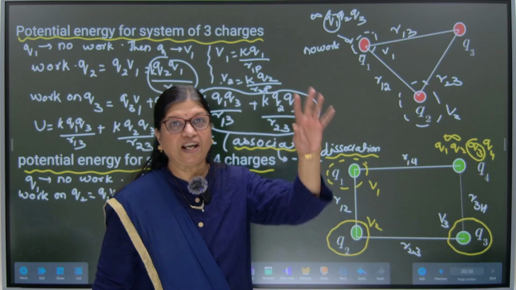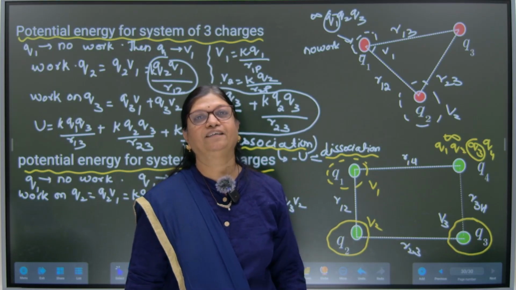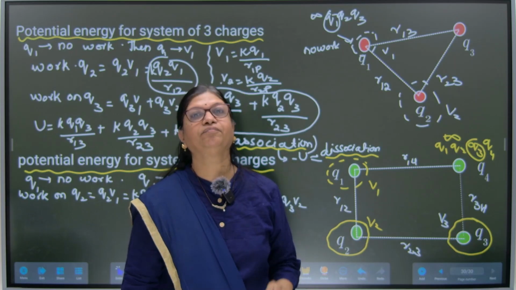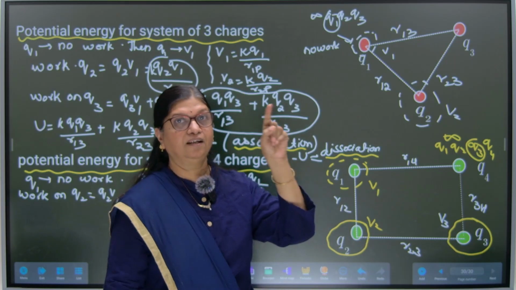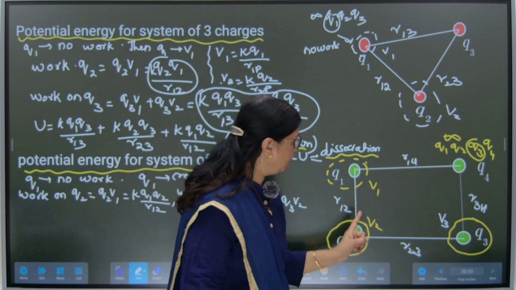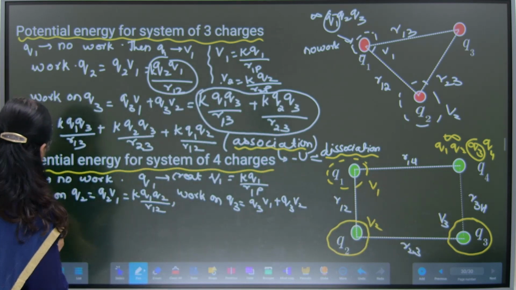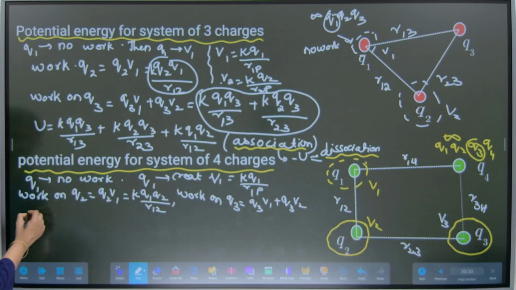Agreed? So while bringing Q4, work has to be done on Q4 against V1, V2, V3. So what is that work? What is that work?